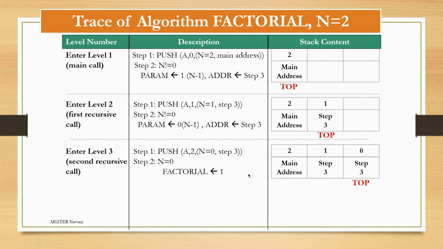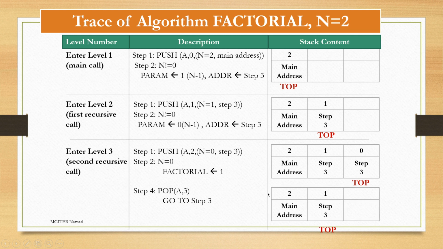Now from here the next step is to go to step 4. So what is step 4? We are going to delete the element. So the pop A3 operation is performed, and this element will be deleted from the stack. So our stack looks like this, and the next step is to go to step 3.